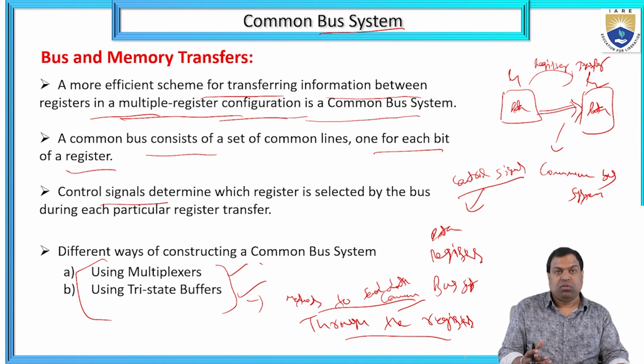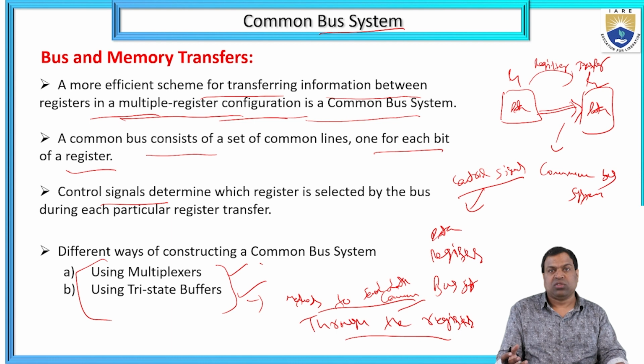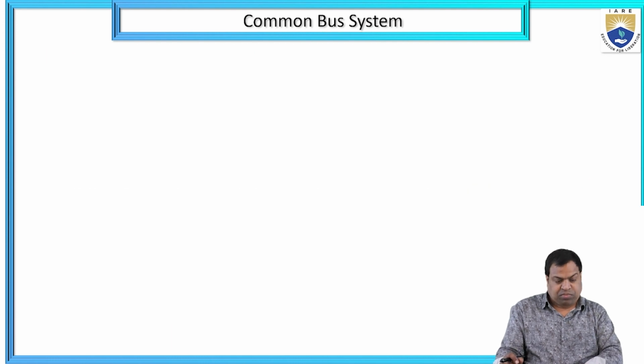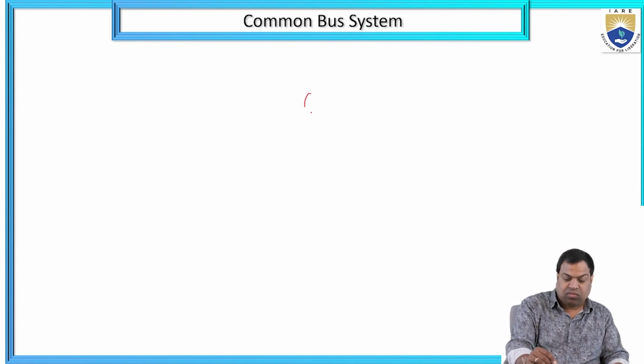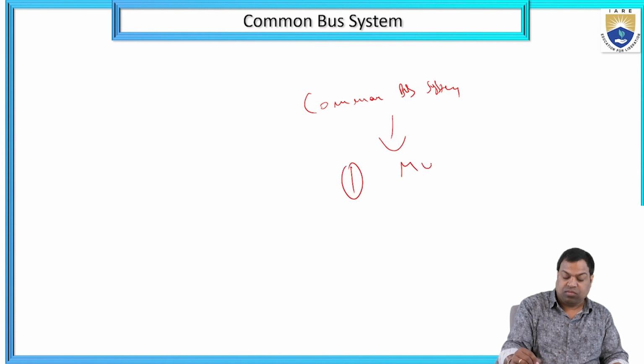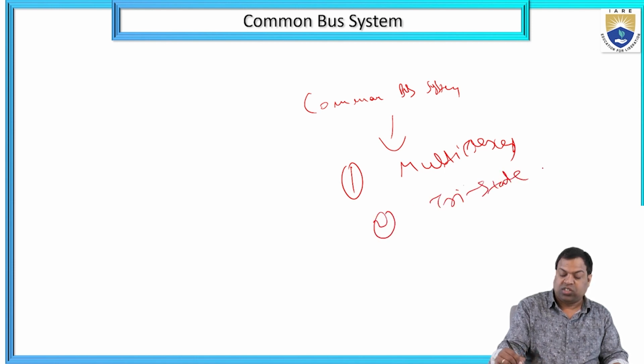If I am using a multiplexer, how is the bus system used, and if I am using a tri-state buffer, how is the data converted in the common bus system? Multiplexers, tri-state buffer.